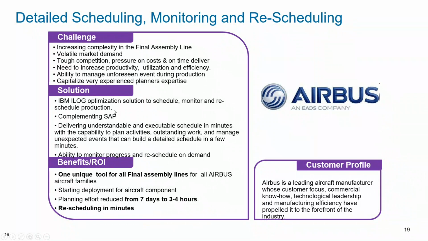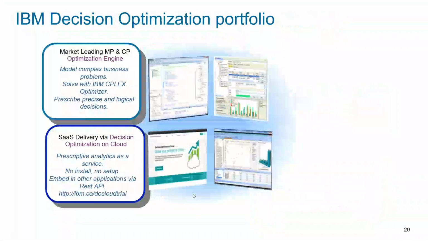And that one goes with SAP. And you provide an executable schedule in minutes to plan the activities, correct? So the benefit is a unique tool that you can do this and save money, and again, the planning reduces from 7 to 3-4 hours.